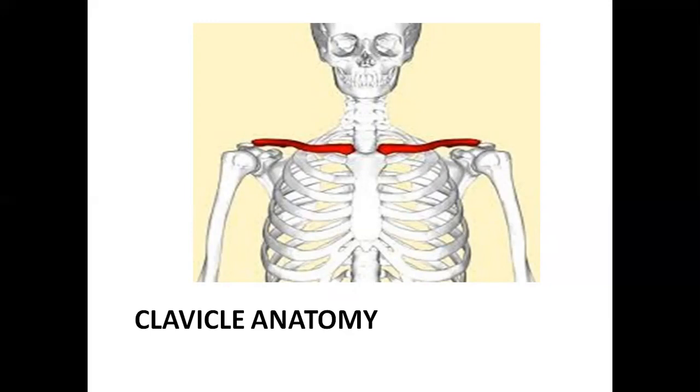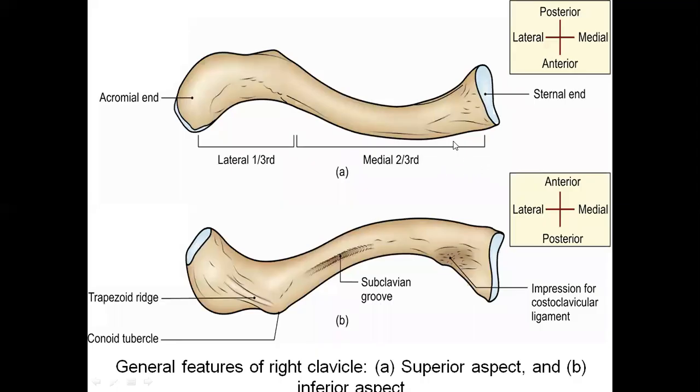The medial end is connected to the sternum, the breastbone, and the lateral end is connected with the scapula, the bone of the shoulder girdle or pectoral girdle, which is seen from behind.